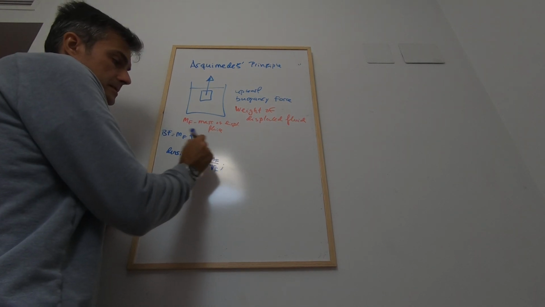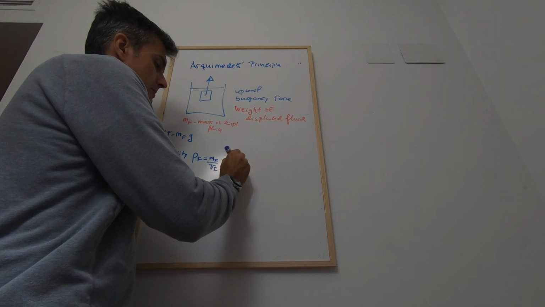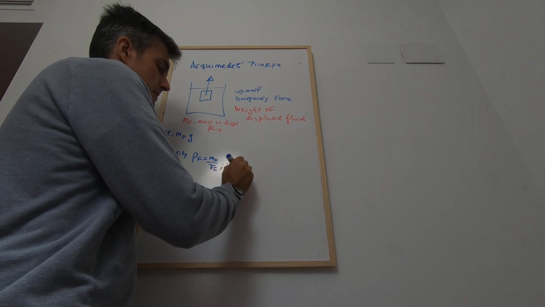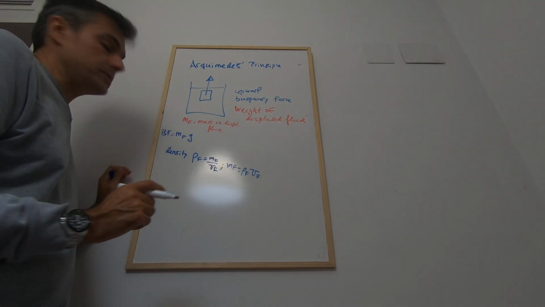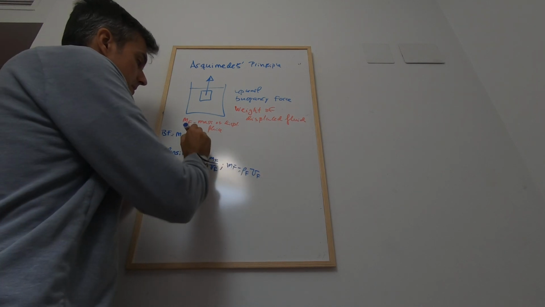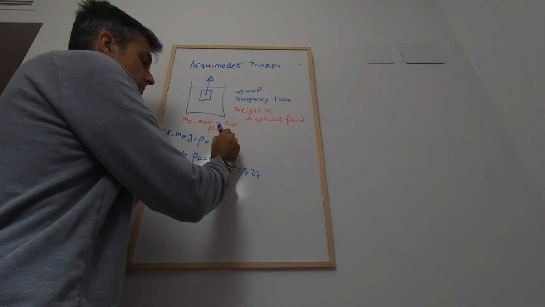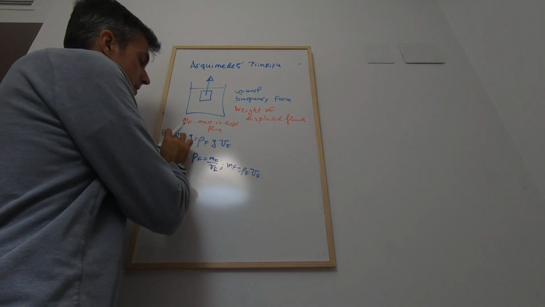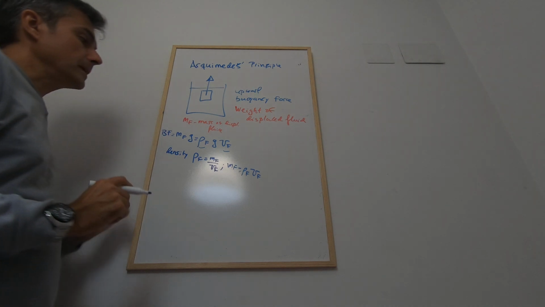If I solve this equation for MF, MF is going to be the density of displaced fluid times the volume of displaced fluid. So I can substitute there: rho F, I put the G in the middle because I like it that way, so where it says MF, I put rho F VF.